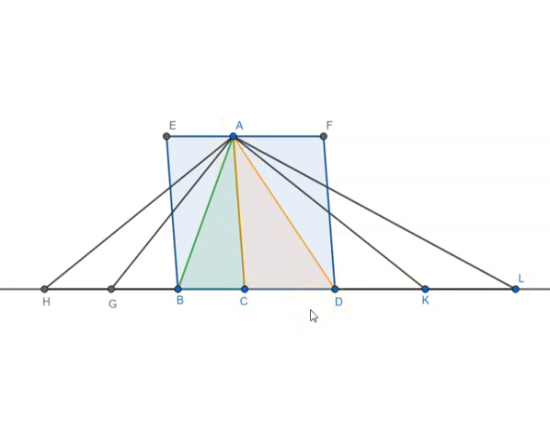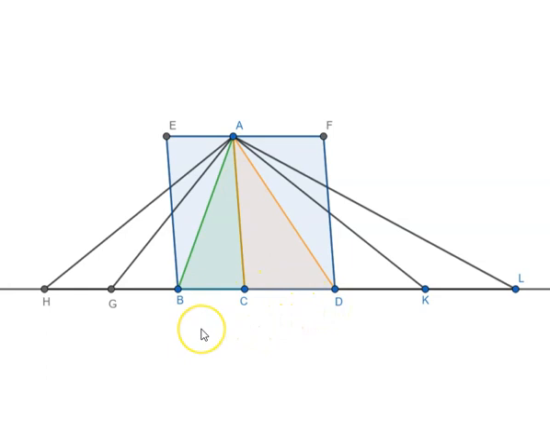So what does that mean? It means if CL is greater than CH, then triangle ACL is also greater than ACH. If it is equal, then equal. If it is less, then less. But CL and ACL are equimultiples of CD and ACD, while CH and ACH are equimultiples of CB and ACB.